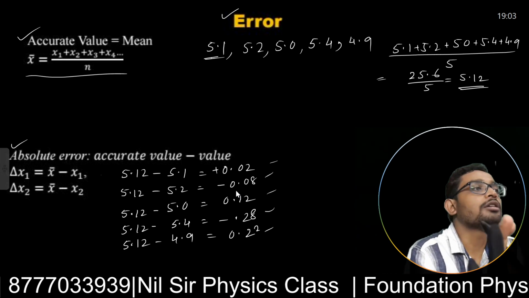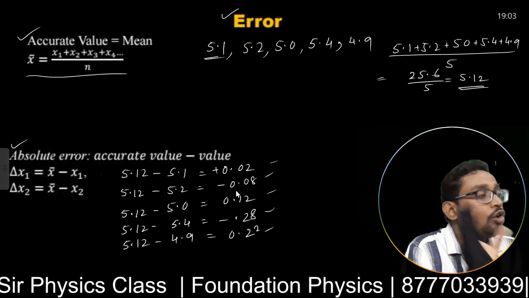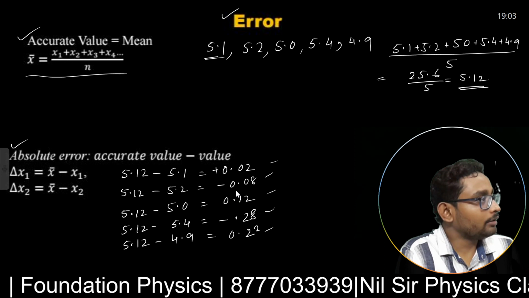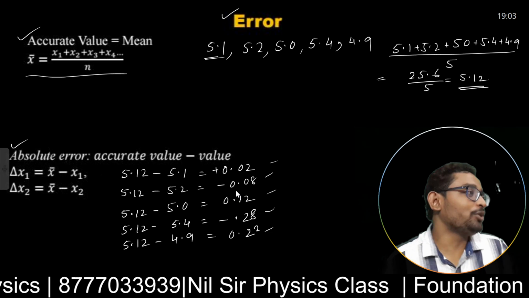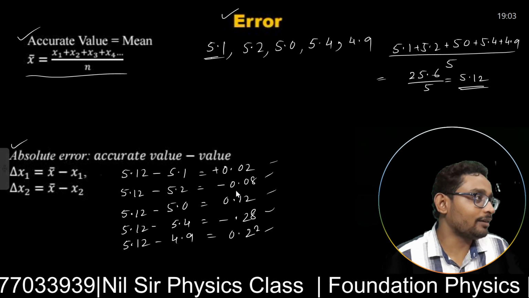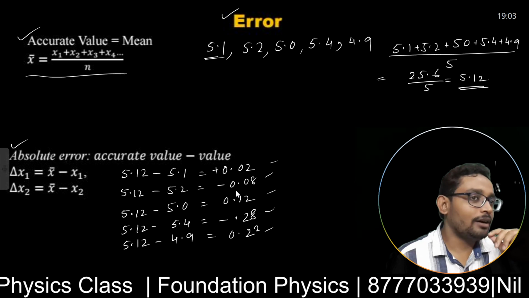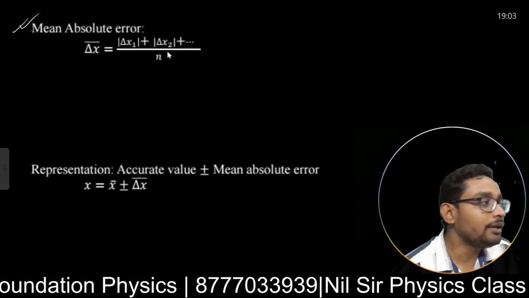You cannot subtract the error from the result. It will always be there. Your error will always be there; it will not minimize your error. So if first time you take error in the positive direction and second time in the negative direction, and subtract, this will be called mean error.